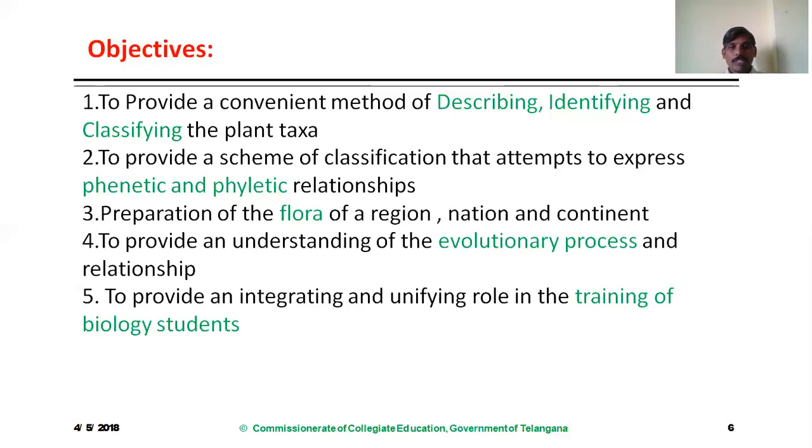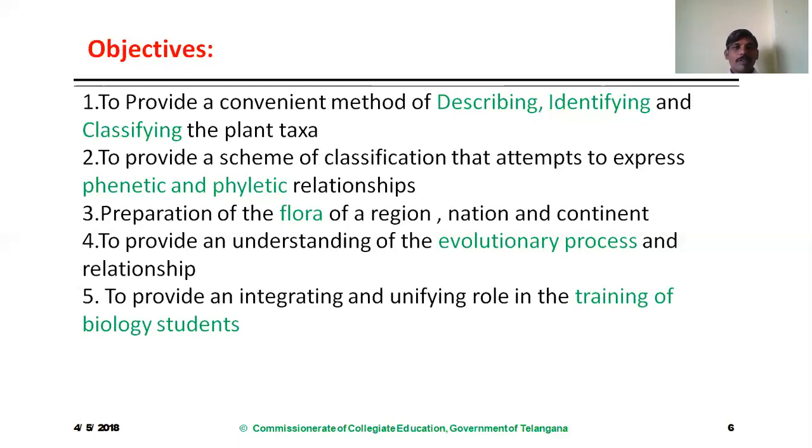So a flora of a region, for example, flora of Telangana is different from flora of Karnataka. So flora of India is different from flora of America. Continent-wise, nation-wise, region-wise, we can prepare the flora with particular details about the plants to provide an understanding of the evolutionary process and the relationship, to provide an integrating and unifying role in the training of biology students.